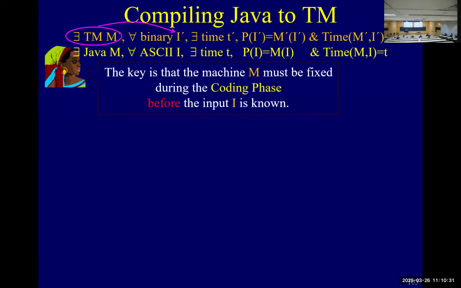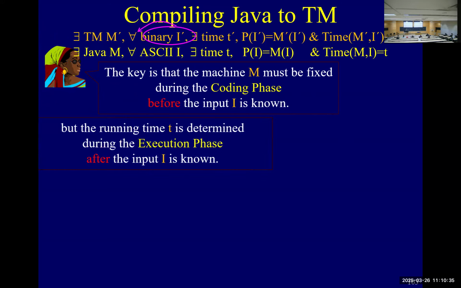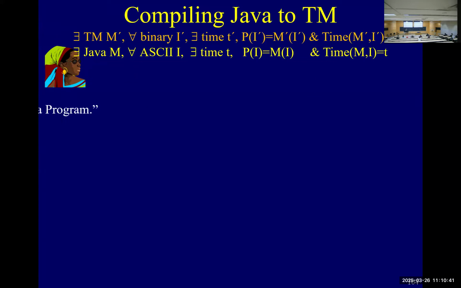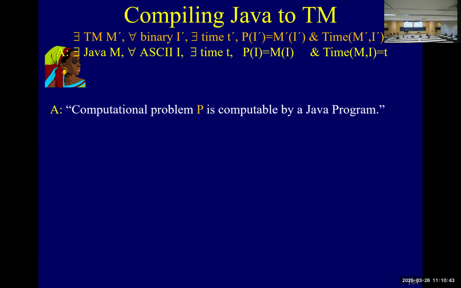All right. So the Turing machine must be fixed before the input's known, right? When you give me the input, there's a running time that depends on the input, right?